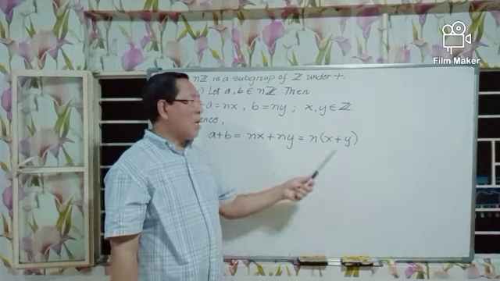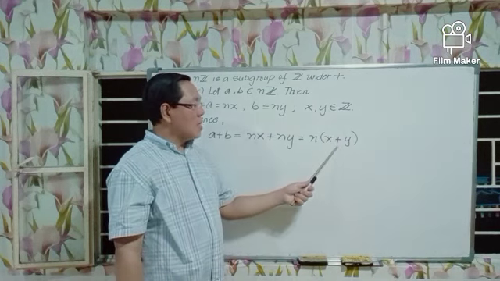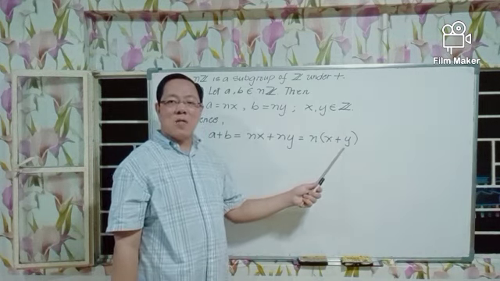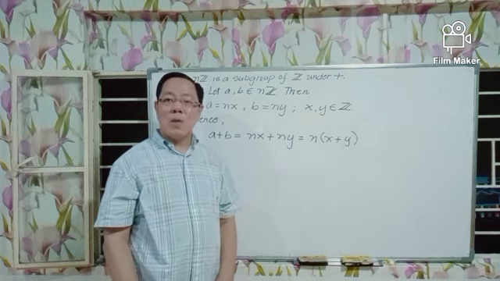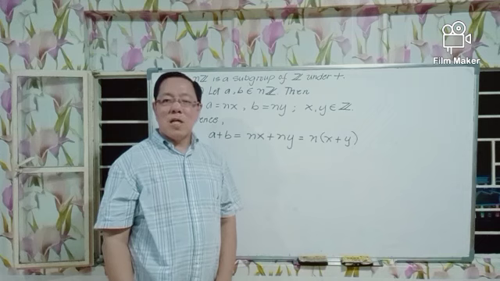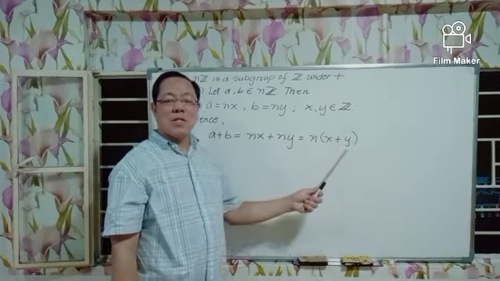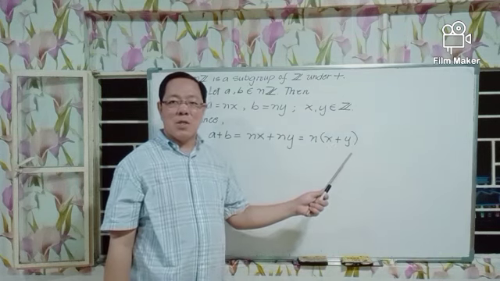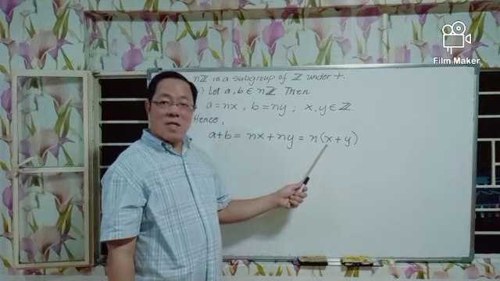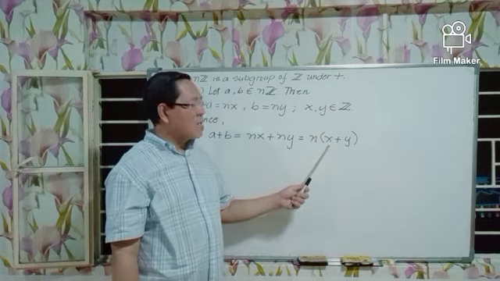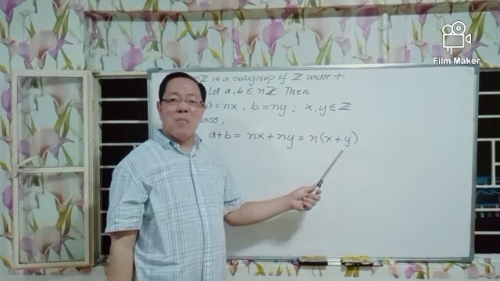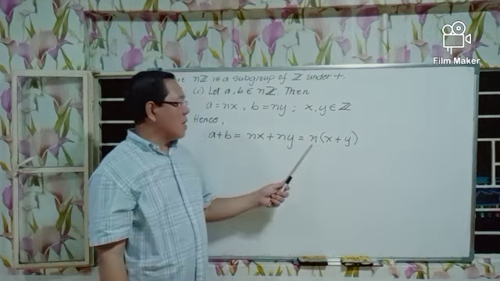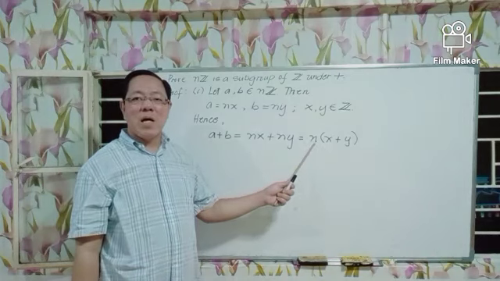Now, x and y are integers, so the sum x plus y is also an integer, because we know that the set of integers is closed under addition. That means if you add any two integers x and y, the sum is again an integer. And this integer x plus y, multiplied by n, must be an element of nZ.